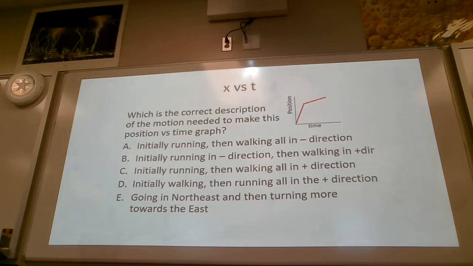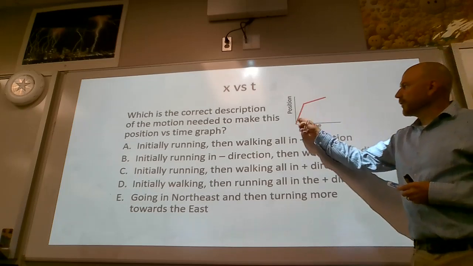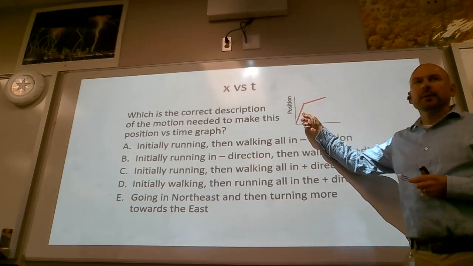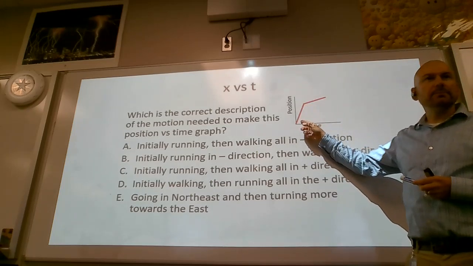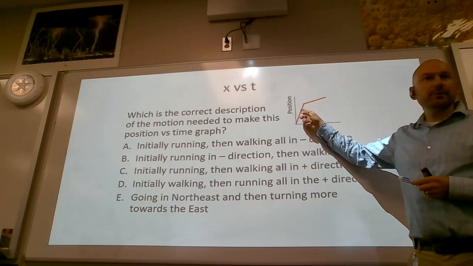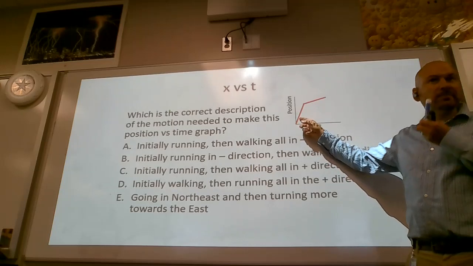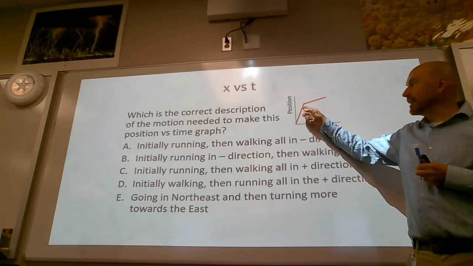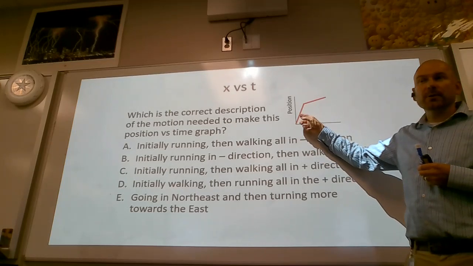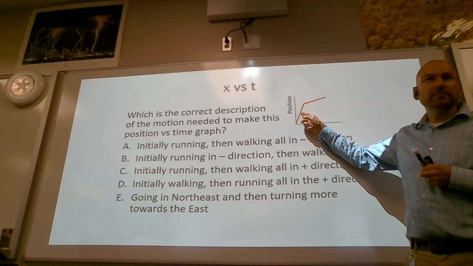Correct answer is C. This first part, is it a positive or negative slope? Positive. Is it steep or shallow? It's a steep slope. So that corresponds with fast or slow? Fast.